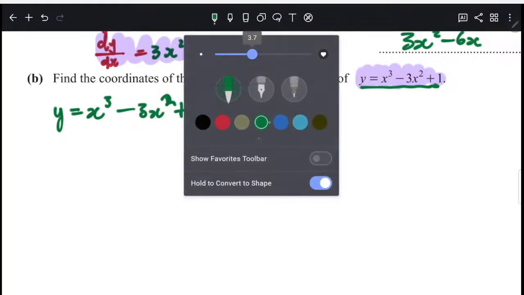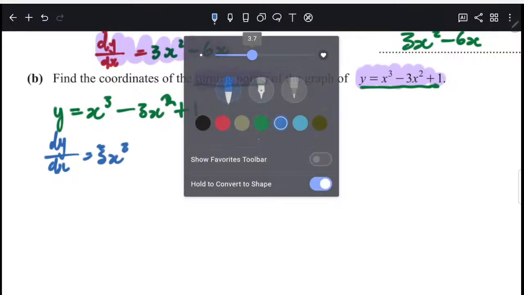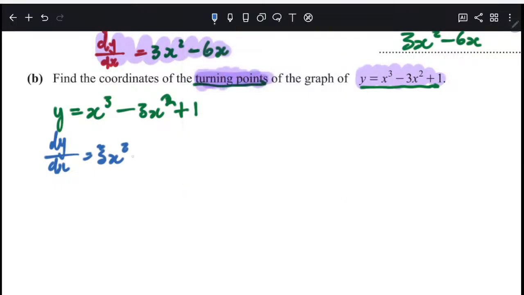Maybe let me solve this one because it's the last one and it's an easier one. So you say dy dx is equal to, drop the power 3, reduce it by 1, x squared. Then minus, here drop the power, 2 times 3, 6, x to the 1, because it was x squared, now it's x to the 1. Then derivative of 1 is nothing.